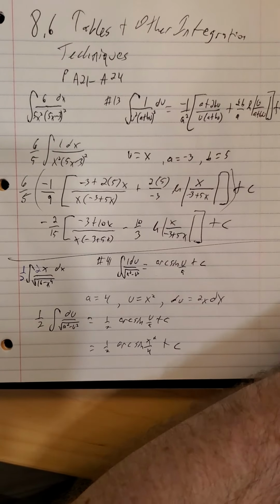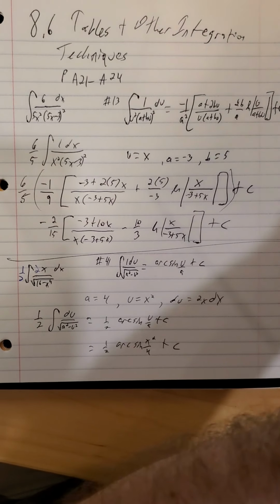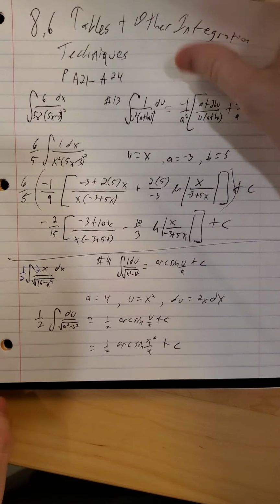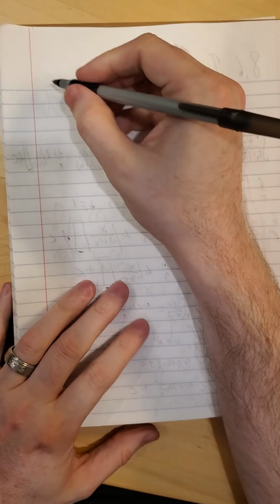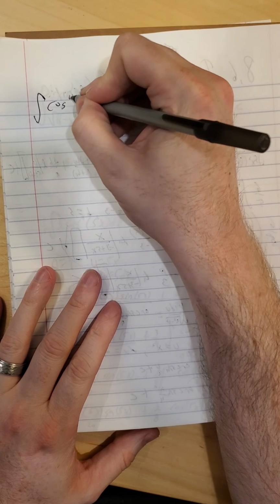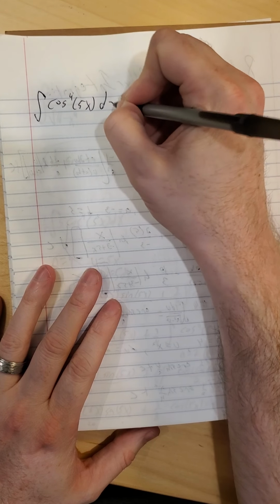All right. So next one, a little bit more brain exercise. But the same idea. Try to make it look like something that we already know. So in this one, we get to play with the integral of cosine to the 4th of 5x times dx.